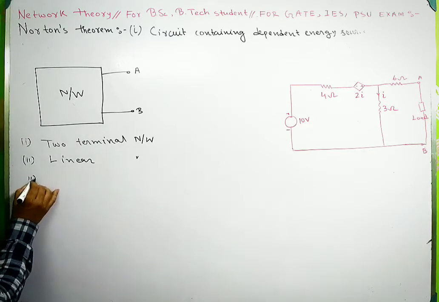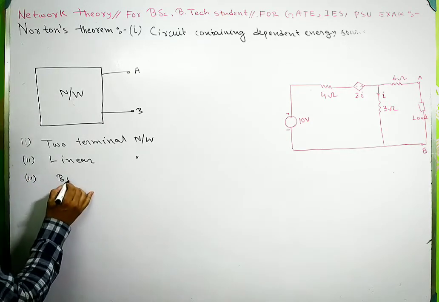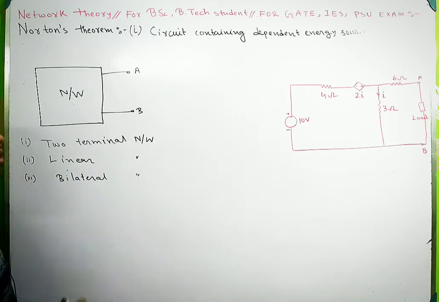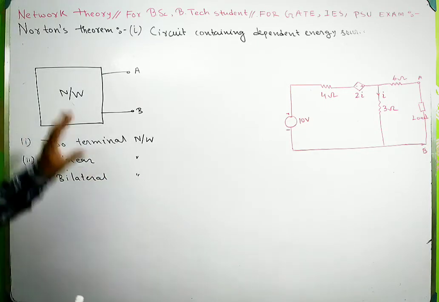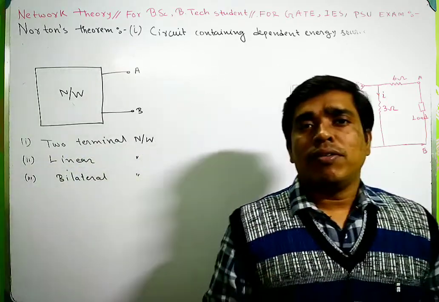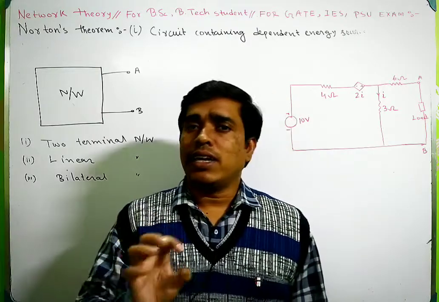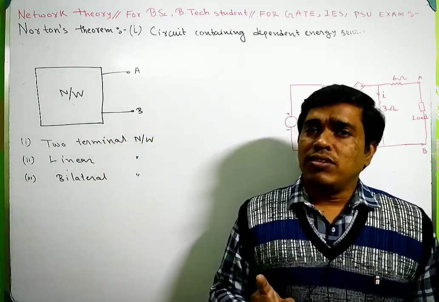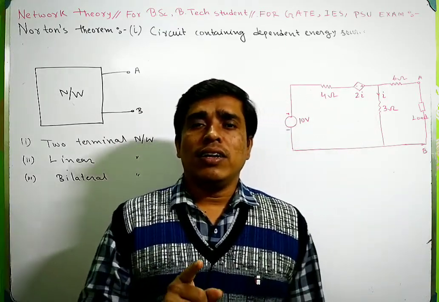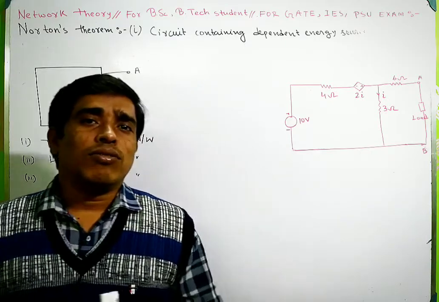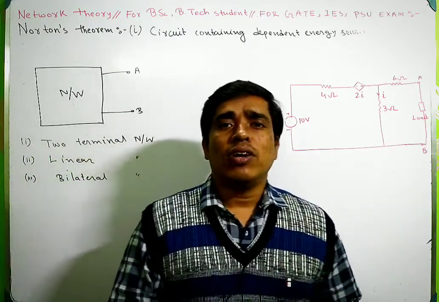It should also be a bilateral network, and this network may contain several passive and active elements. Passive elements mean resistor, capacitor and inductor, and active elements mean various energy sources, that means current source and voltage source.